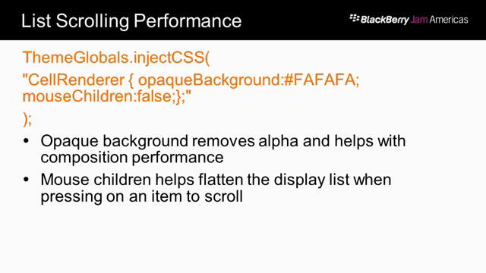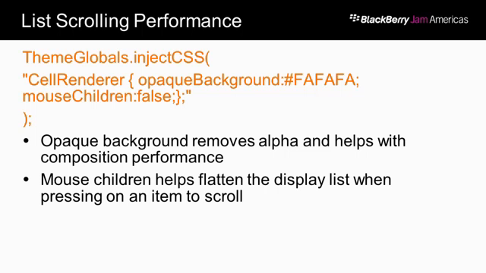Then mouse children equals false. What mouse children does is it makes your list item the one thing that is interactive, so you can't actually click on any of the children inside of it. So if you have a list where you have maybe a button in each item and you want to interact with that button, then don't do this. But in most cases, that's not the case, and you're selecting the entire item to select it, or when you're scrolling it.